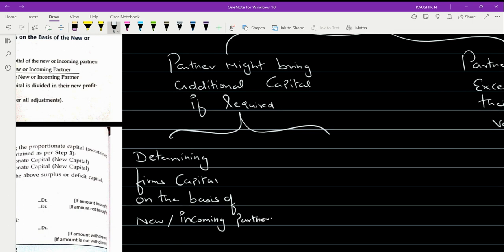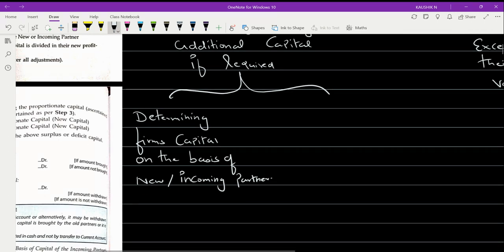So you are going to finalize what is the amount of capital that should be there in the firm based upon the new or incoming partner's capital. Determining the firm's capital on the basis of new or incoming partner's capital. This is one method.